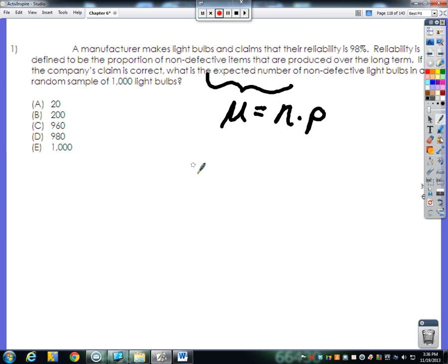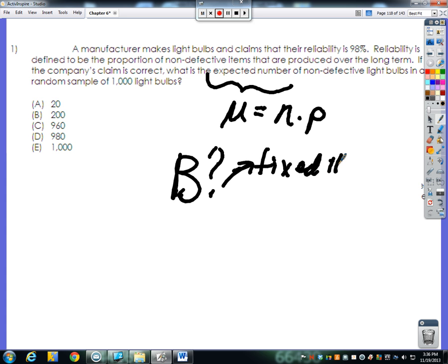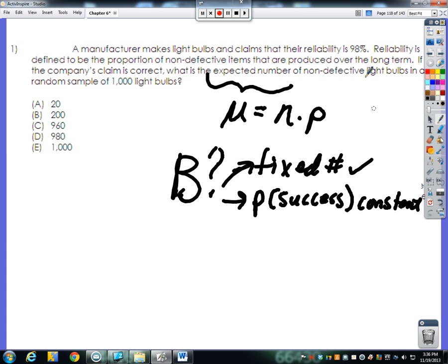Okay, now first we have to make sure this really is a binomial. So is this a binomial? Let's see. Is there a fixed number of trials? Yeah, we have 1,000 light bulbs. That's a fixed number. Is the probability of success constant? Yeah, they said over the long run it's 98%, so we're good.